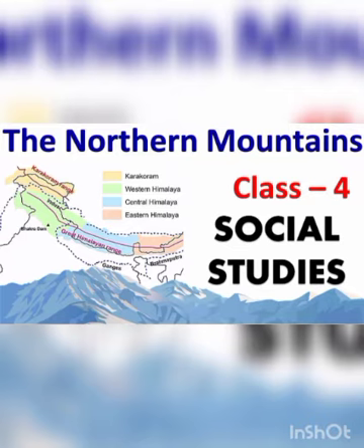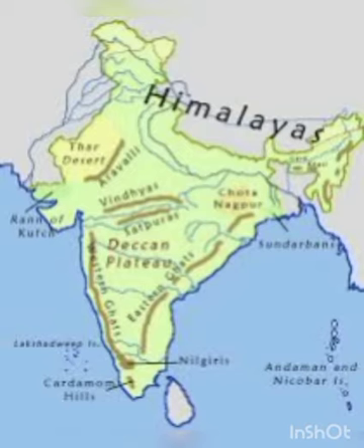It is a large stretch of highland that is flat on top, so it is called a plateau. It is also often called tableland because at the top it is flat like a table and higher also. Is it clear? Then the important plateau is the Deccan Plateau.